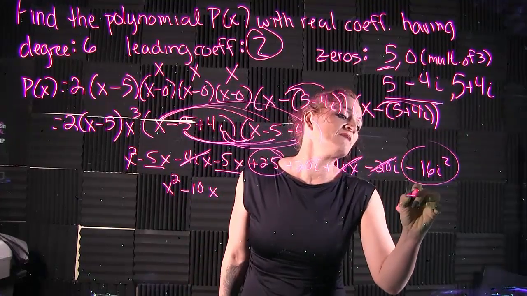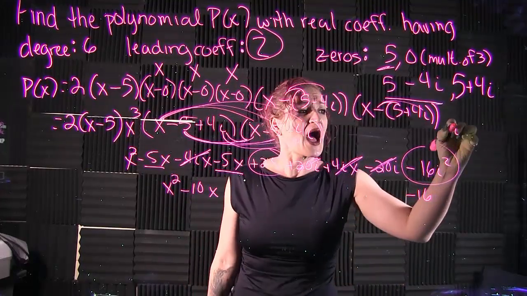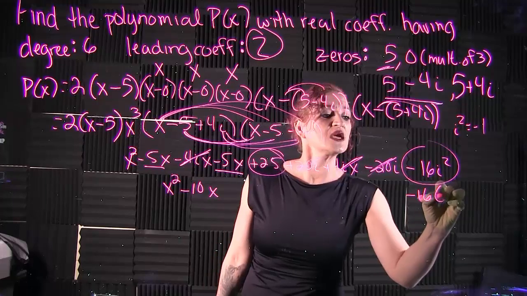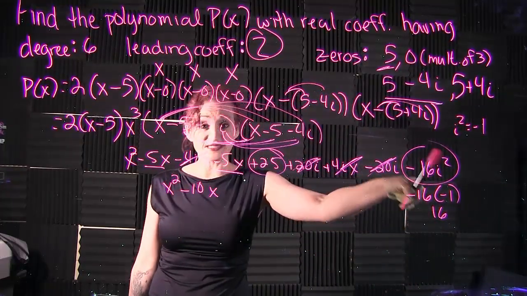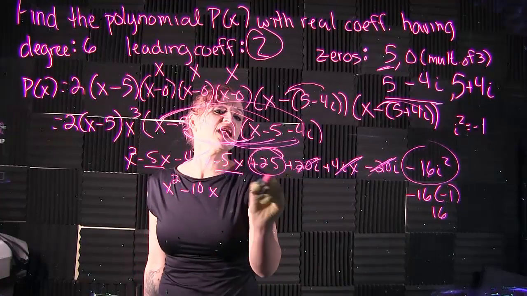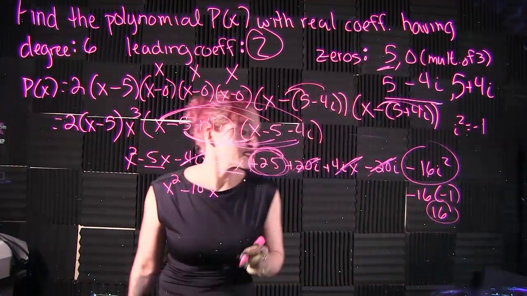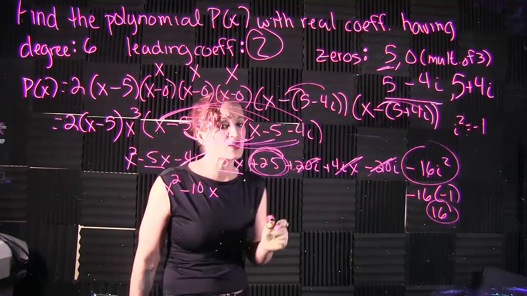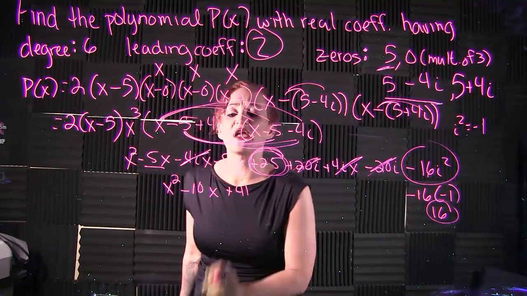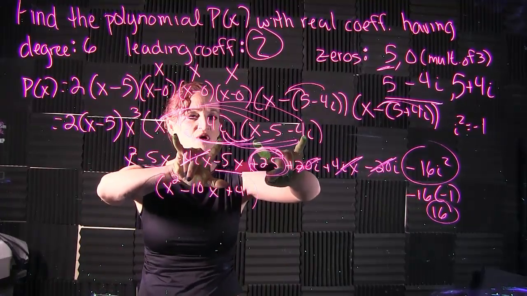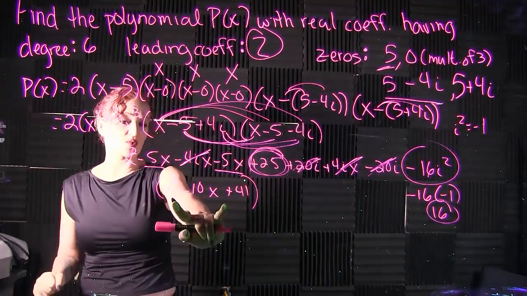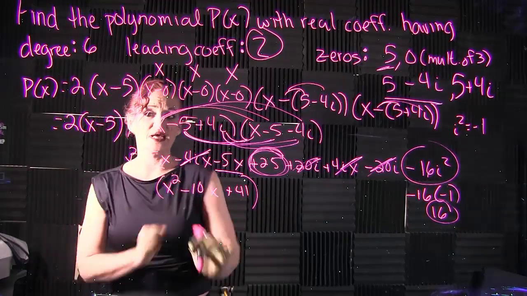Keep in mind that i squared is equal to negative 1, so this is really a positive 16. So I'm going to take this 25 and add it to that 16, and that's going to give me a 41. So these two trinomials, when I multiply them all out, give me x squared minus 10x plus 41.